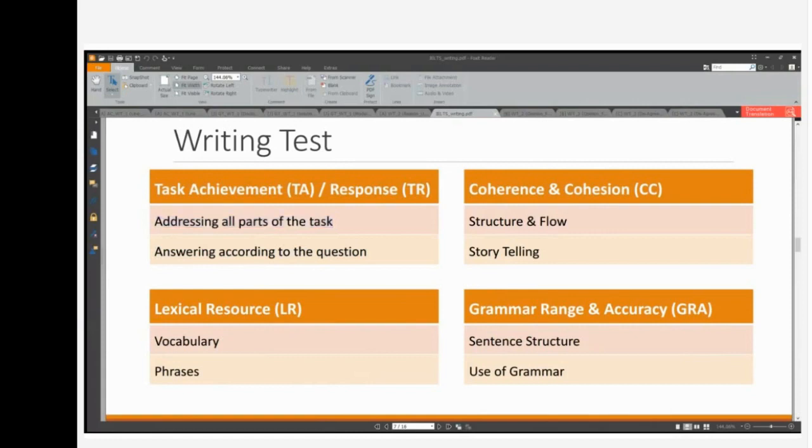In coherence and cohesion, you have to maintain the structure and flow of your writing and with a very good storytelling property in your writing. So when you're doing that, the best way to ensure this is to plan ahead of your writing. Once you have planned things, then you can make sure that your storytelling is quite good.